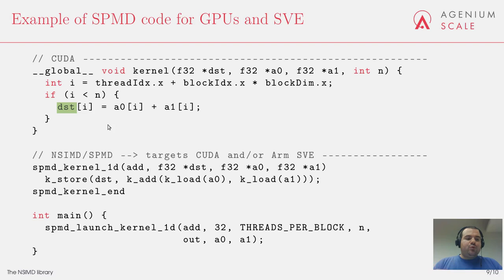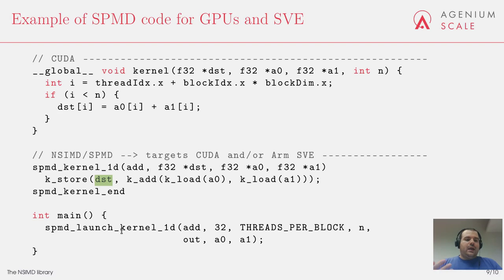The equivalent of this kernel in the NSIMD SPMD module is like this. We had to respect the C++ syntax as we are a C++ DSL, so you may find the syntax a little weird. But it is basically the same as the above CUDA kernel. You take your input, you load the values from memory, you add them, and you put the result back into DST.